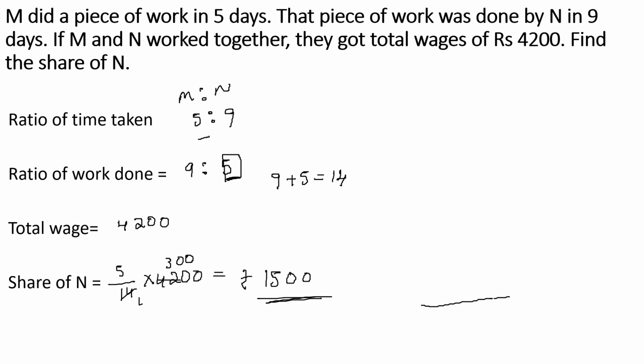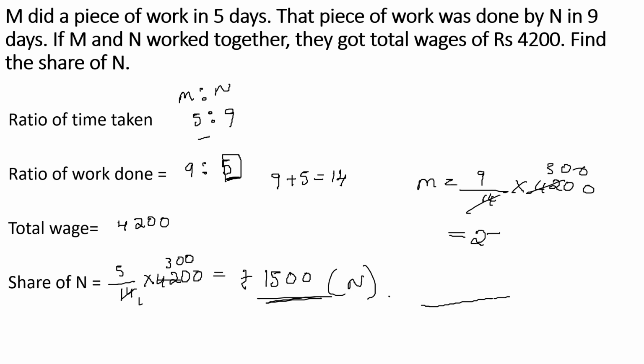So this is the share of N. Similarly, we can find the share of M as 9 divided by 14 into 4,200, that is 2,700 rupees will be the share of M.